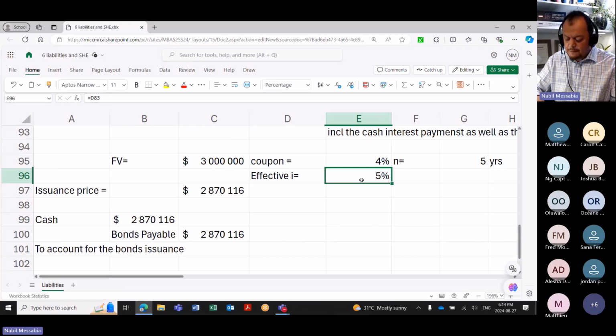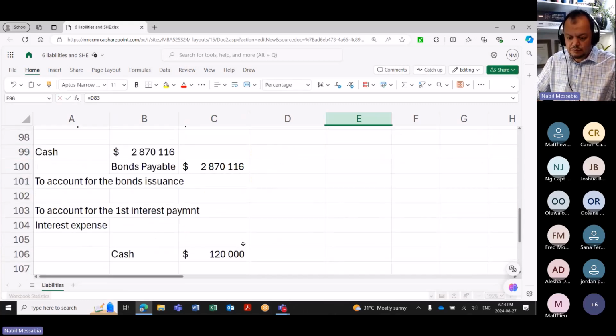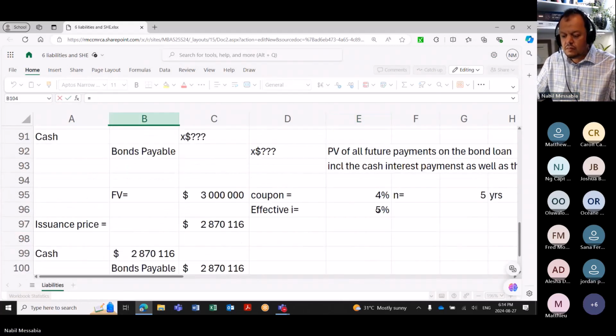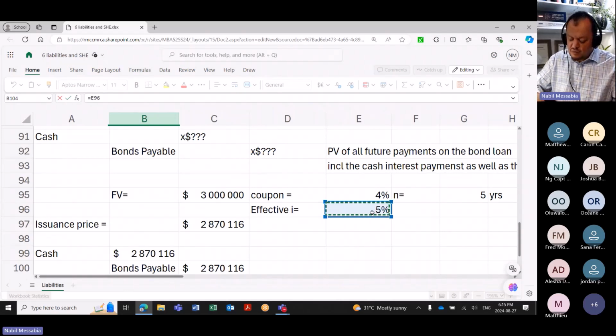multiplied by what? We said, it is equal to the effective rate multiplied by the carrying value of the bonds, which means the net book value of the bonds. Today, first payment, what is the carrying value of the bonds on the books?